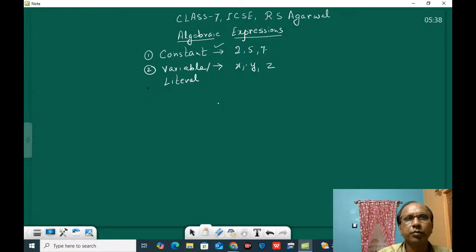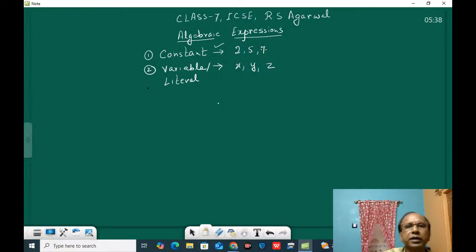Variable means the value of x, y, or z changes. A constant is a fixed value, just like 5, 7, or any number. Suppose 2, 3, minus 2, these are constants.